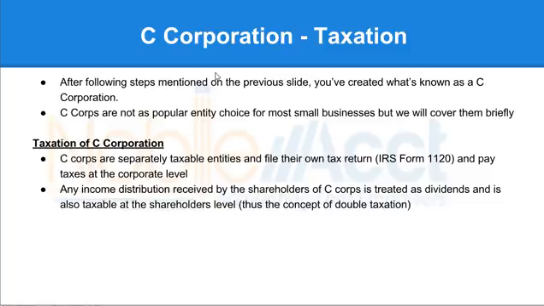Now, C corporations are usually not the most popular type of business structure among small businesses, but we'll cover them anyway just to get a brief understanding of how they're taxed. C corporations are separate taxable entities, and they file their own tax return on IRS Form 1120.